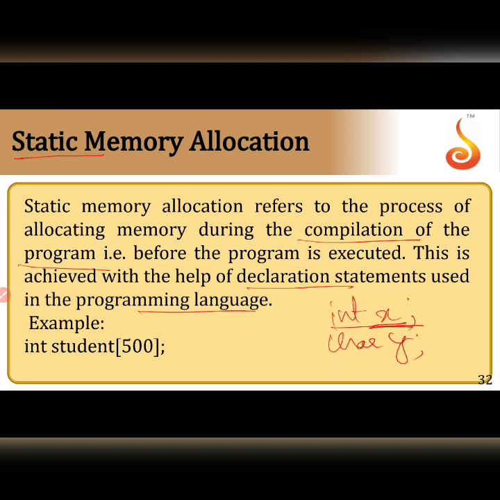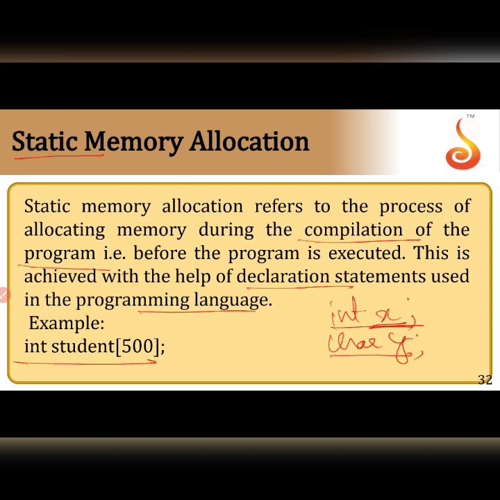I can have structures also. When you declare something, here 2 bytes of memory would be allocated, here 1 byte of memory would be allocated. Depending on the data type and the number of variables you declare, that many bytes of memory would be allocated.